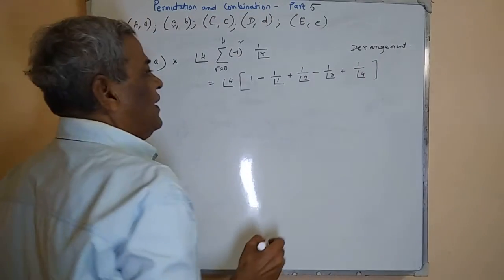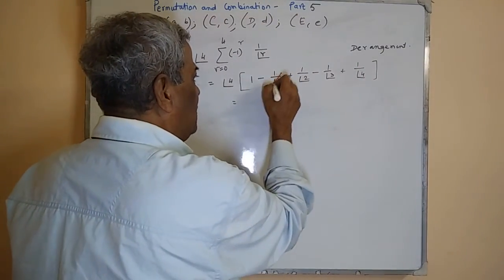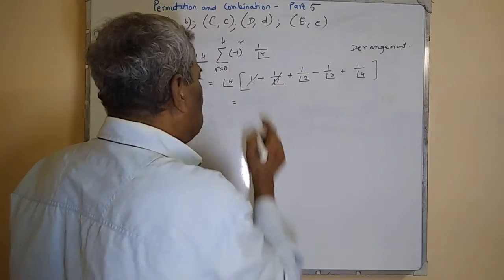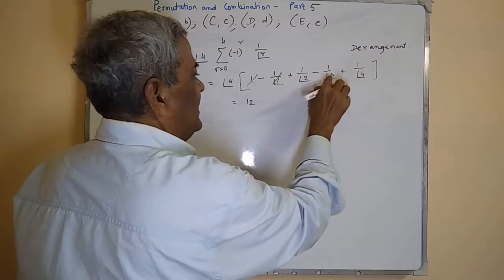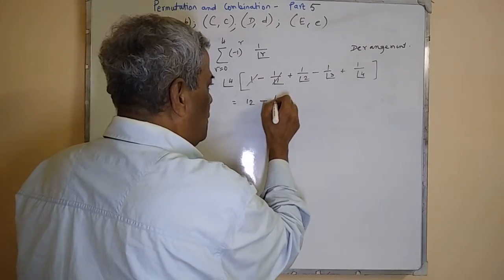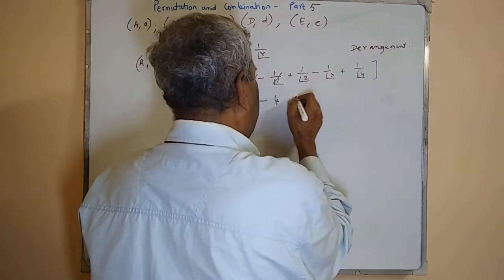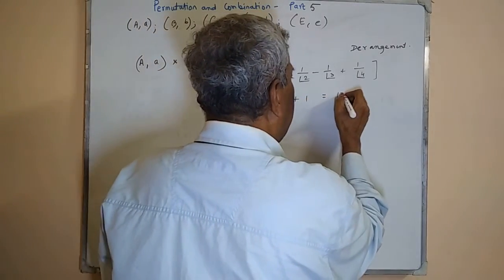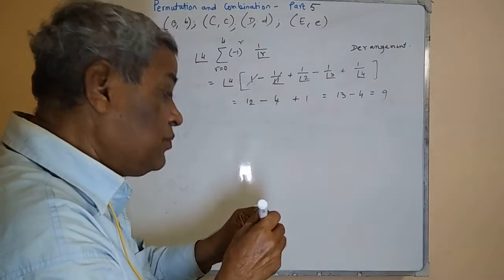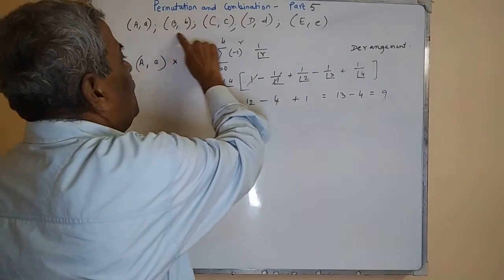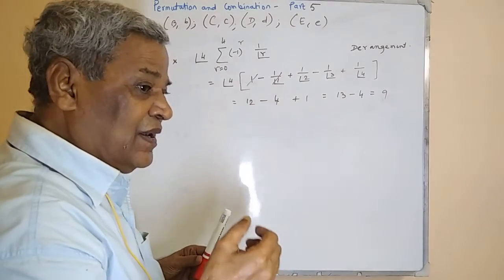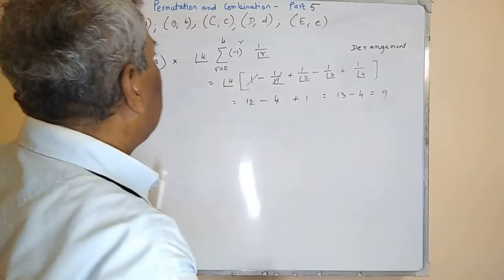That's all. It is equal to factorial 4 by factorial 2, so it is 12, then factorial 4 by factorial 3, minus 4, and this is 1. That is 13 minus 4 equals 9. So 9 such teams can be formed in which no husband is with his wife.